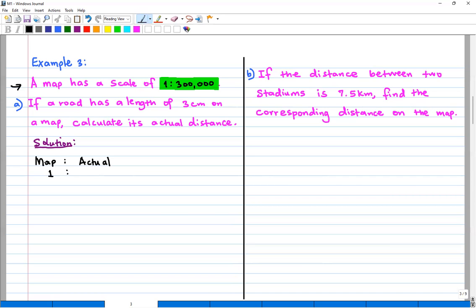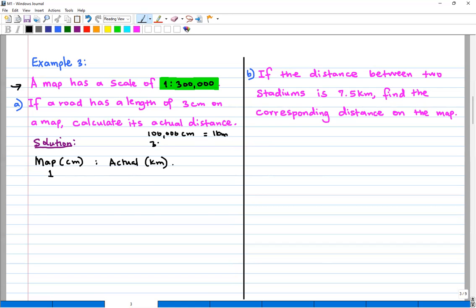On the map, let's show this distance in centimeters, but the actual distance, let's make it in kilometers. And remember, we know that 100,000 centimeters make 1 kilometer.